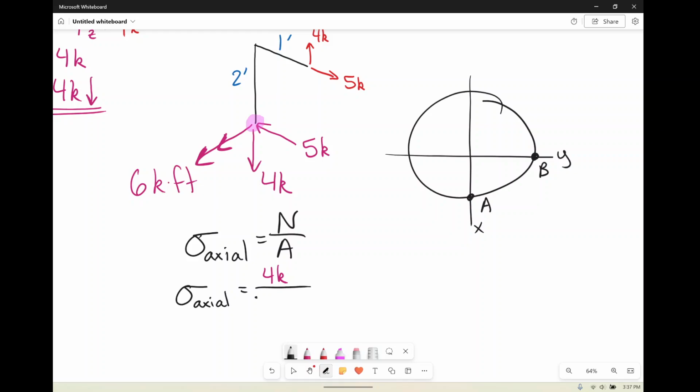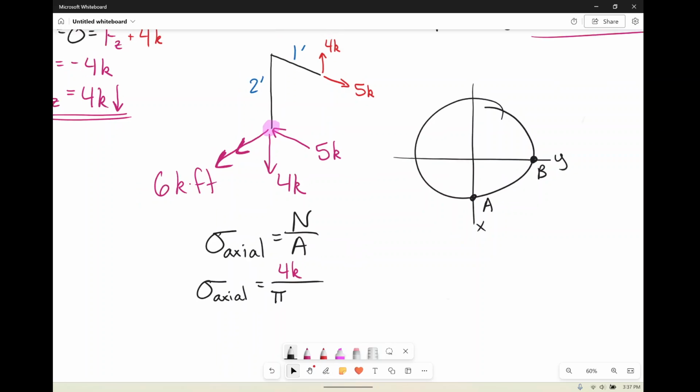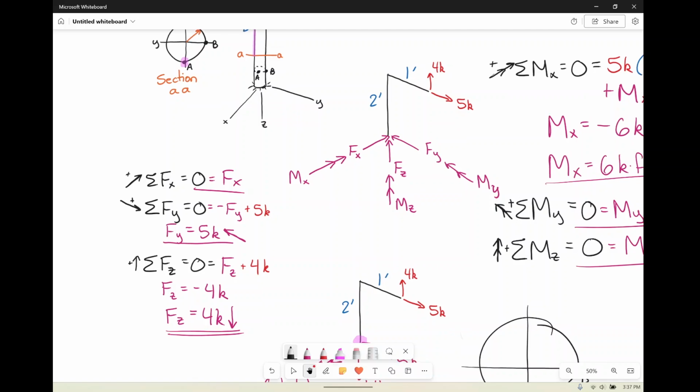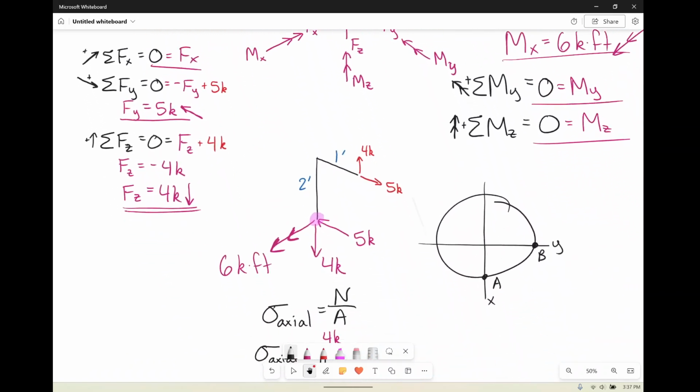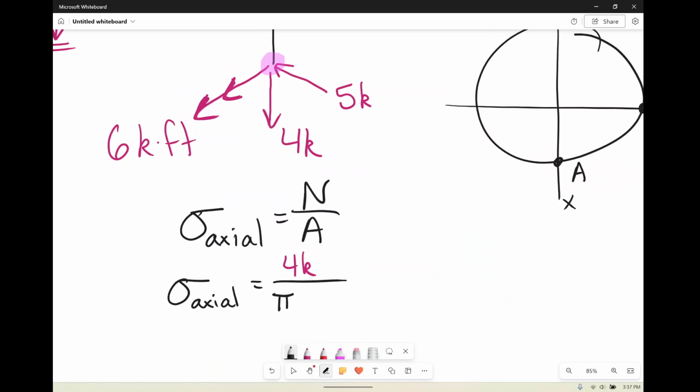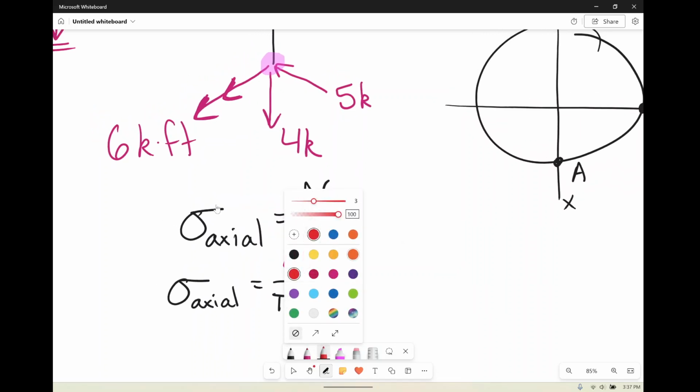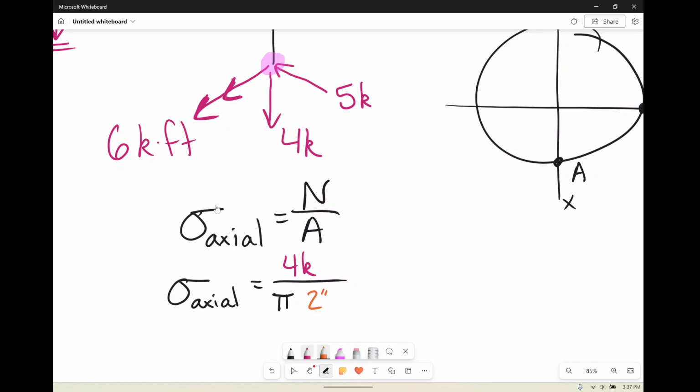The area of a circle is pi times r squared. What's the radius again? Going back over here, 2 inches. So pi, again, times 2 inches, and then squared, pi r squared. So we're going to get that our axial force is 0.318 kips per square inch.